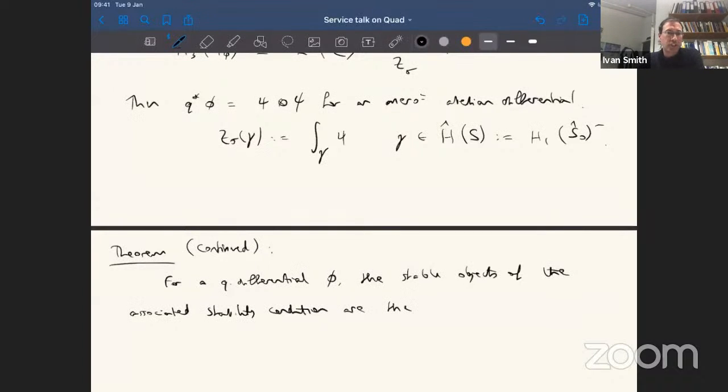And the stable objects for the associated stability condition are exactly the saddle connections, or maybe more generally, the saddle trajectories for phi.